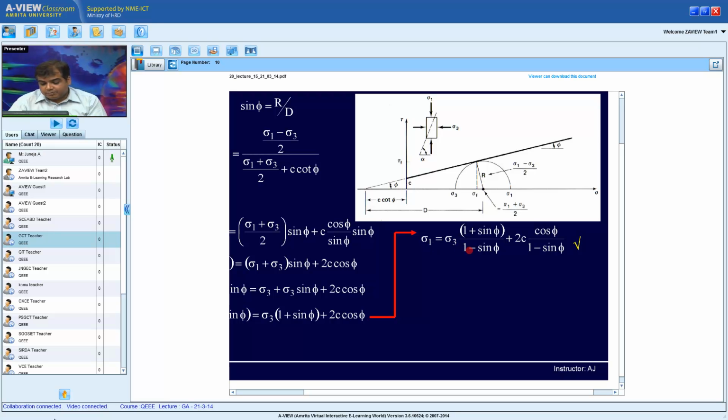Now please be careful on this. This equation is only valid if the Mohr circle touches the failure envelope. This expression will only then be valid. Obviously, because this has a phi. So sigma 1, sigma 3 is again a function of phi.